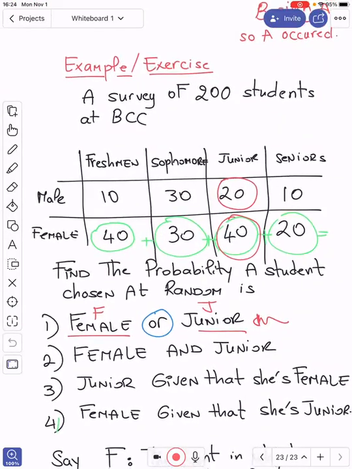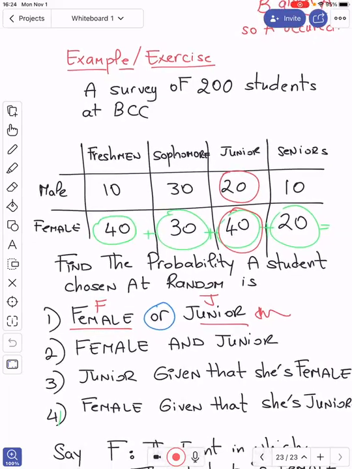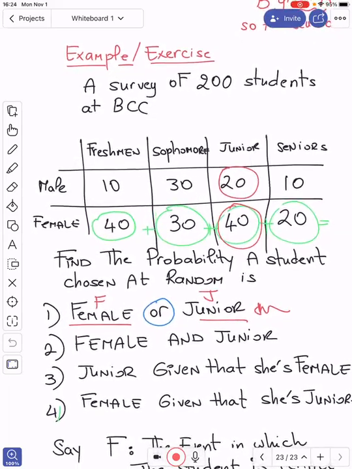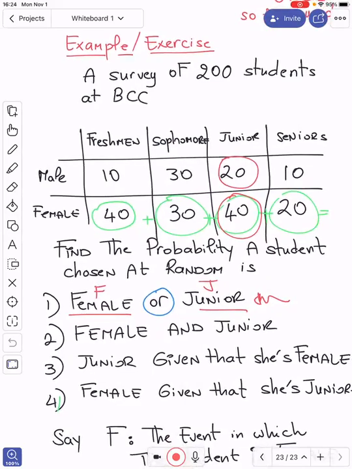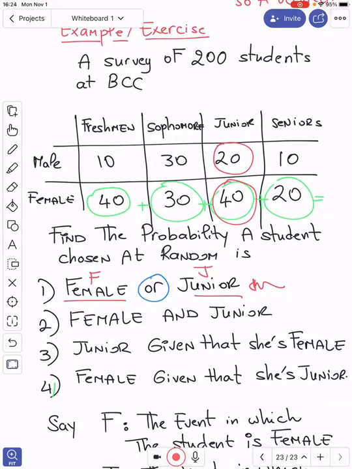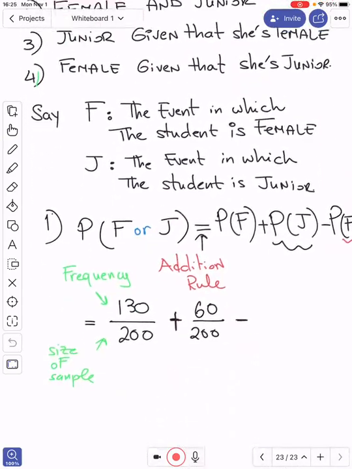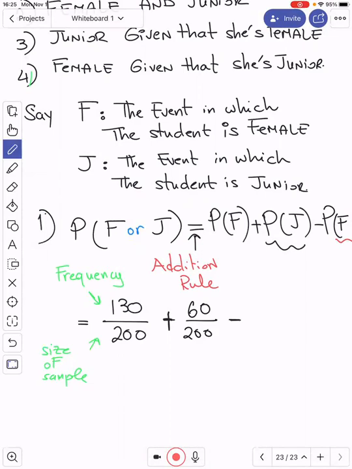Yes, 40. This number here, this 40. So we have exactly 40 students who are female and junior at the same time. So this is minus 40 over 200.